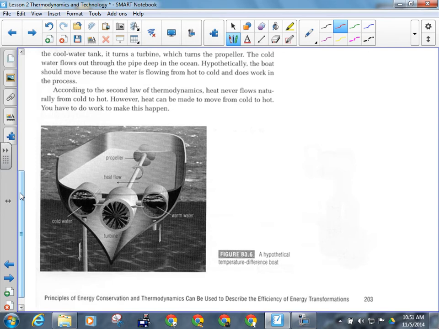According to the second law of thermodynamics, this should go through here. It should move this way.